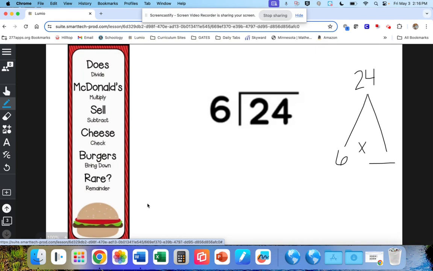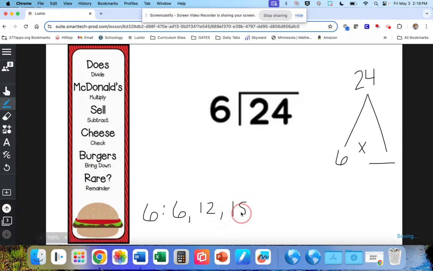Another way we could do is to write down the count bys of 6. For the count bys of 6, we have 6, then 12, then 18, and then 24. And that's the number that's inside our bracket, the 24.